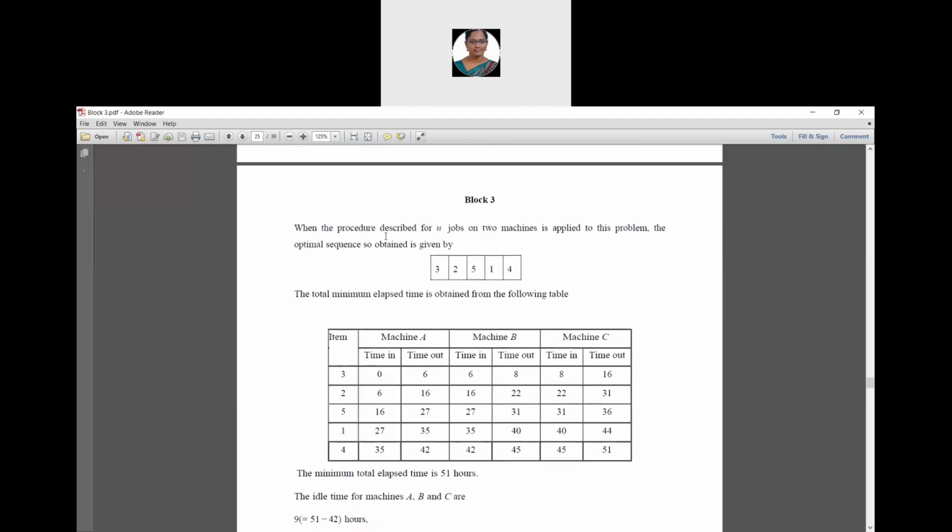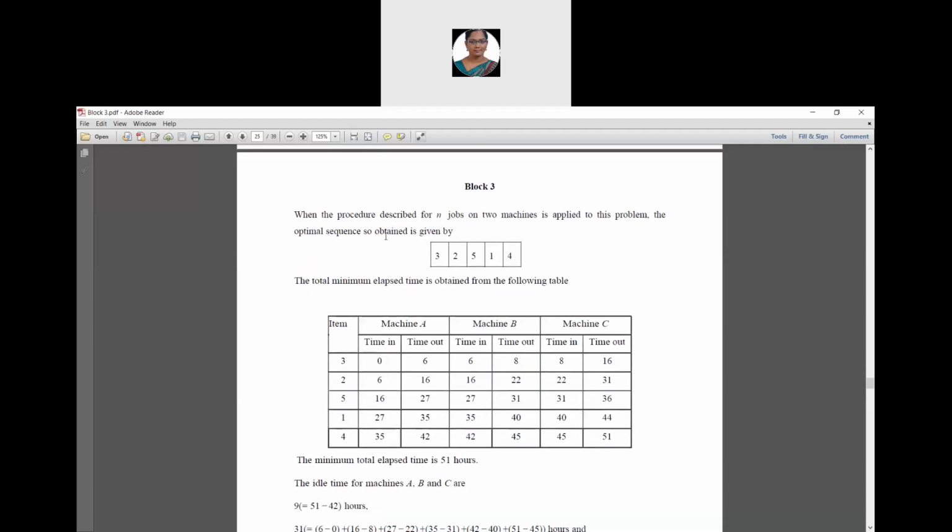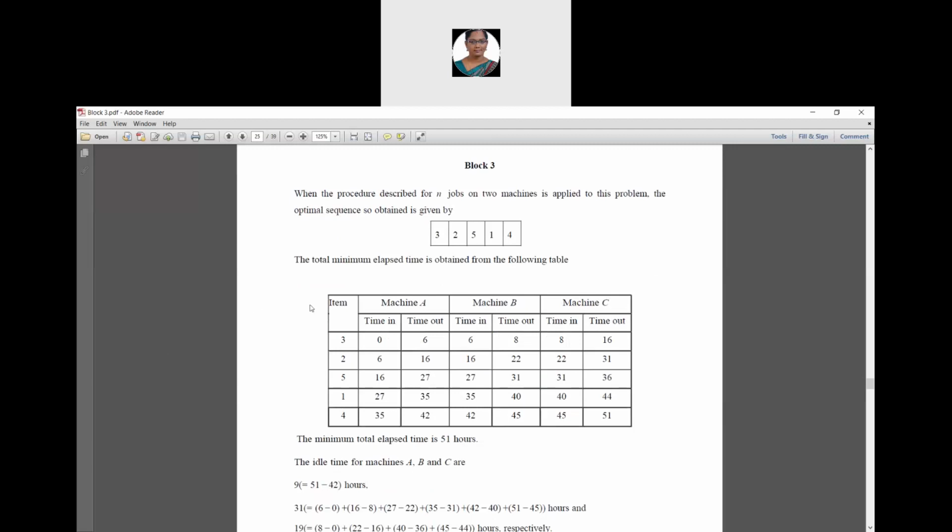For that, first you are going to frame a table. In that table, the first column denotes the optimal sequence column. In that column, we write the job values in the order of the optimal sequence, that is 3, 2, 5, 1, 4.